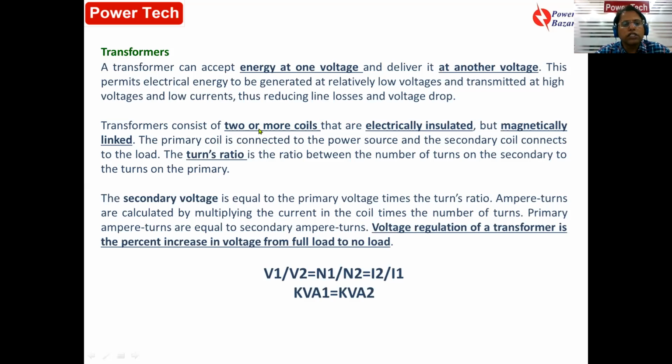The transformer consists of two or more coils, both electrically insulated but magnetically linked. That means when you pass current in the primary winding, it creates a magnetic flux because of the electromagnetic laws. Since there is a winding and a magnetic core, due to alternating current a magnetic flux is set up.